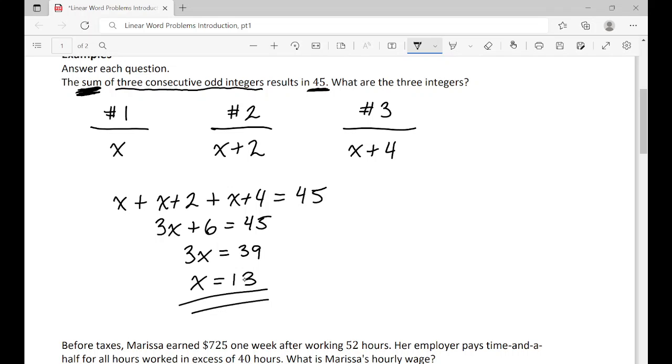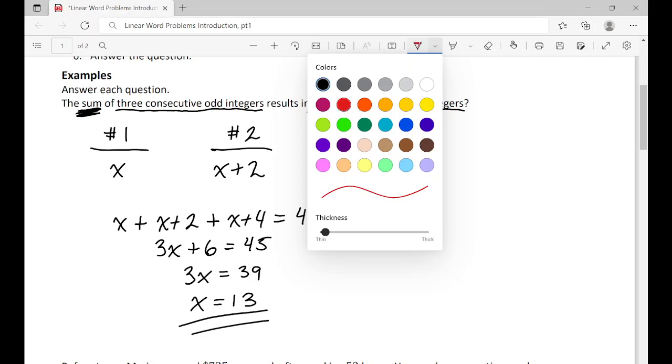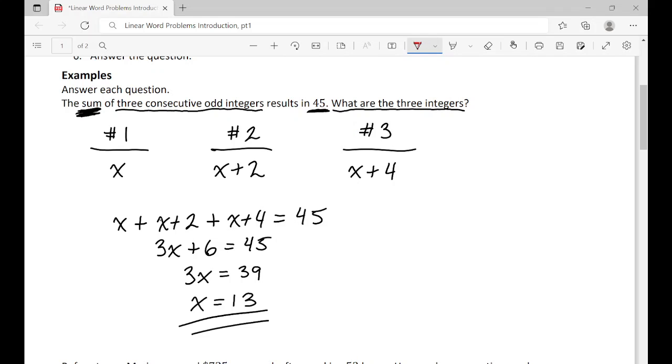But now I have what x is, but what is it asking? It wants to know what are the 3 integers. So what are these 3 numbers? Well, I know that the first number is going to just be x, which is 13. The second number is just going to be x plus 2.